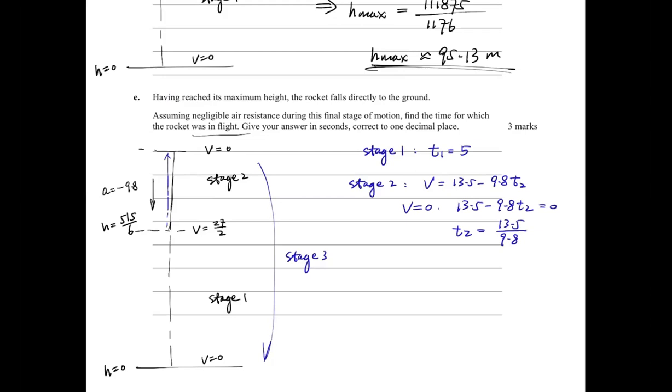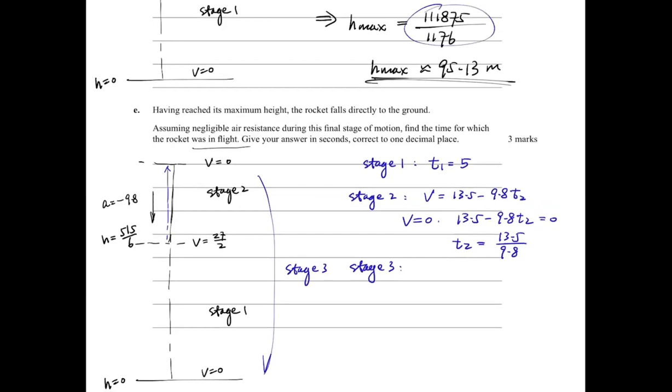And then stage 3. For stage 3, we need to borrow the previous answer, which is this guy here. Now u equals 0, a equals 9.8. Let's treat downwards as positive. And now your target displacement is from here to here. So h equals 111875 divided by 1176.